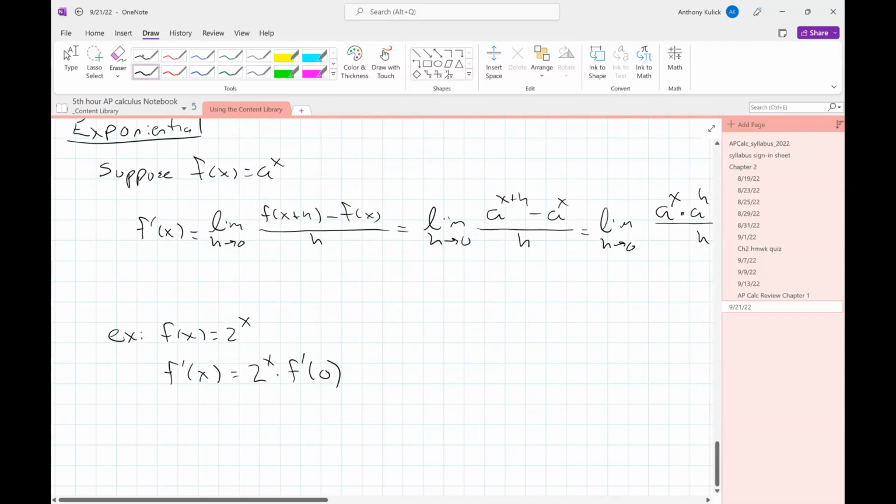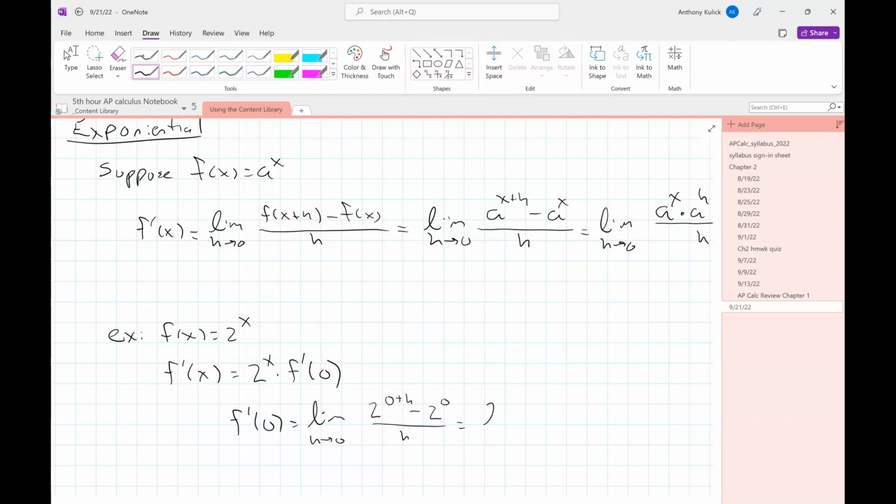So if I want to calculate f prime of 0, can I do that limit by direct substitution?